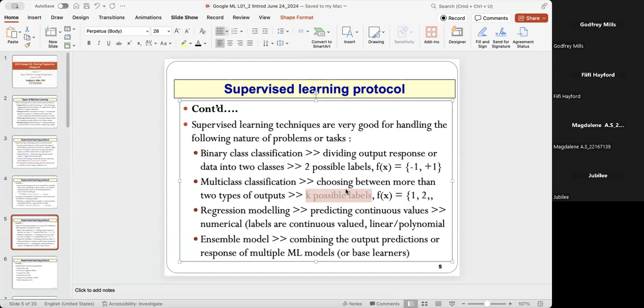We can combine them to help us make a decision. So when we put a number of supervised learning algorithms together, we form what you call ensemble learning.